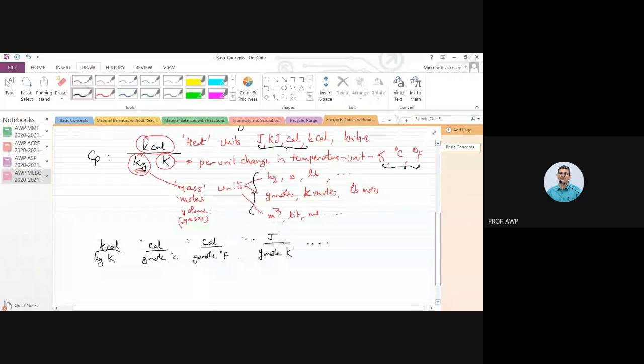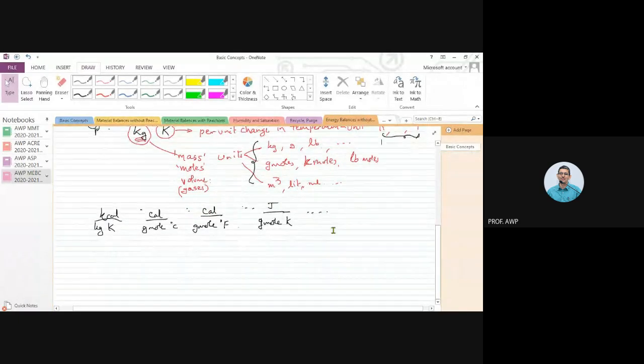And we have seen in our first class how to convert units from one set to another, so you should be able to do that. Could you please explain the volume part again?